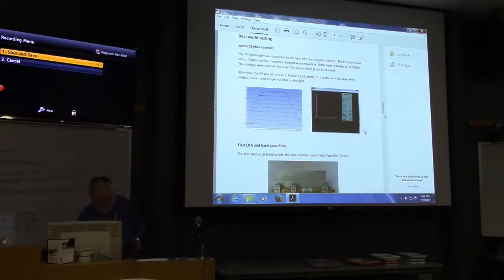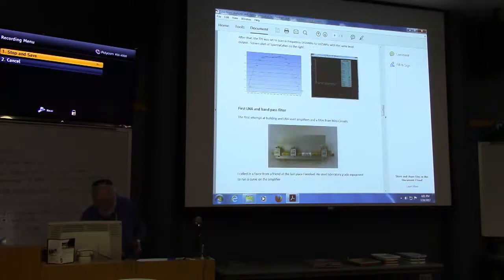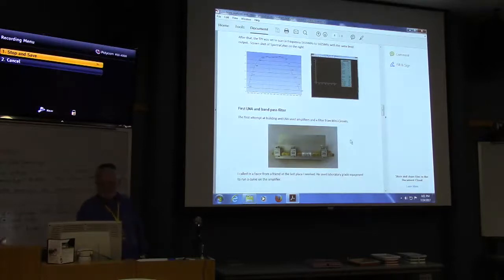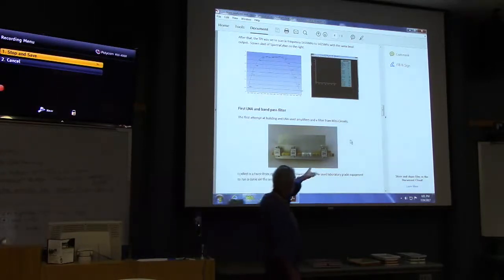All right, so this was the amplifier chain I built here. It uses Mini-Circuits amplifiers. I use 3. I can't remember what they're rated at, but anyway, and then there's also a filter here.